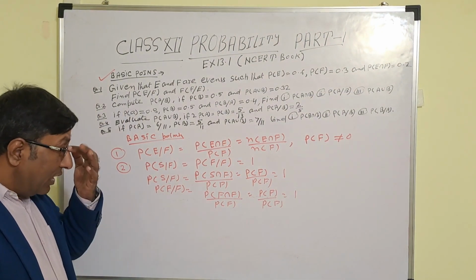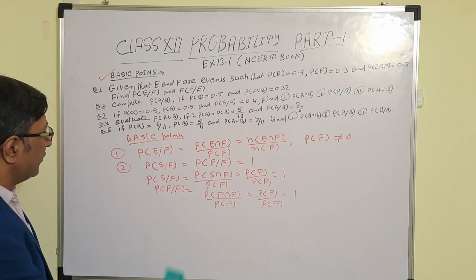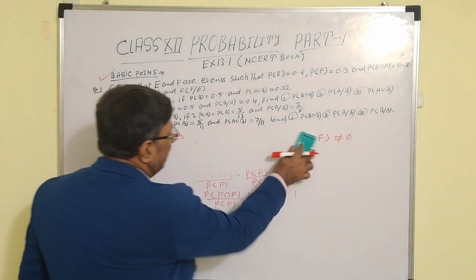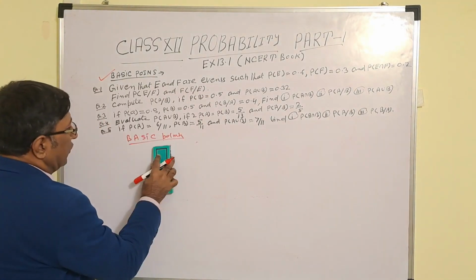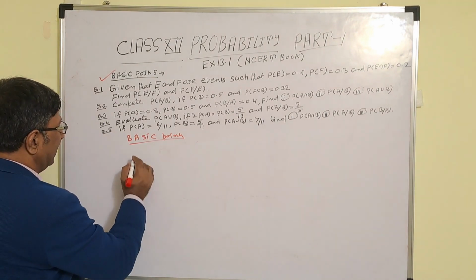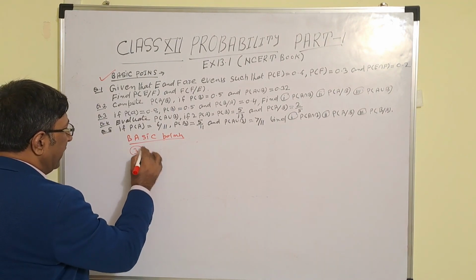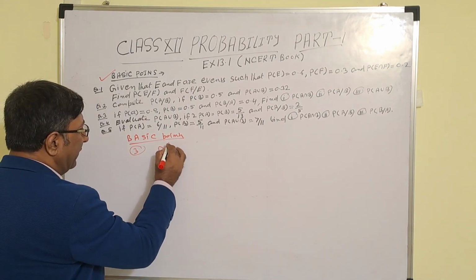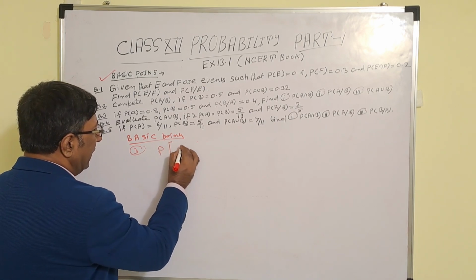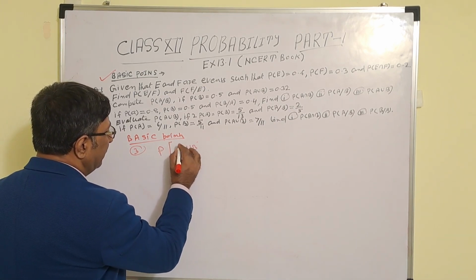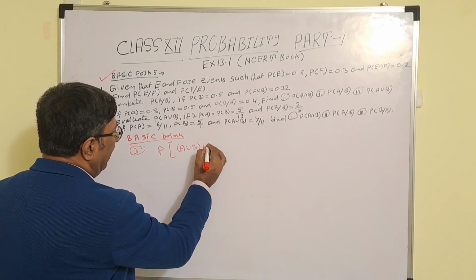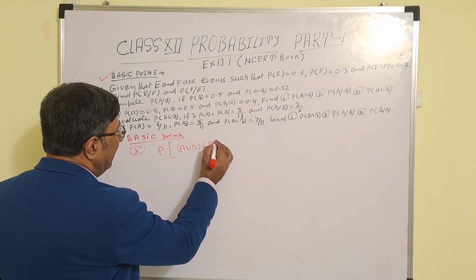Okay. Now see the third point of the basic point. So what is the third point? That is probability of A union B when F already occurred.